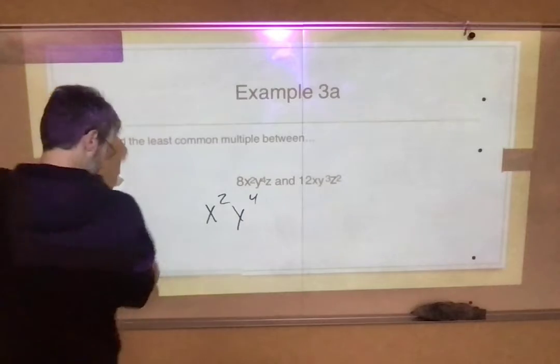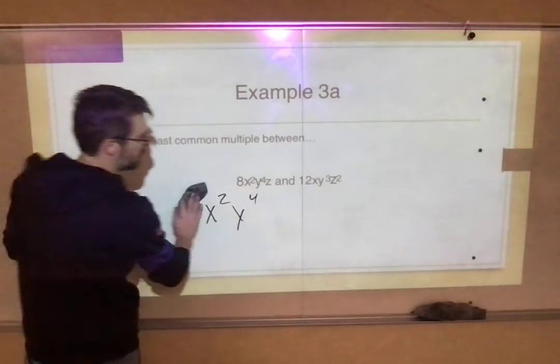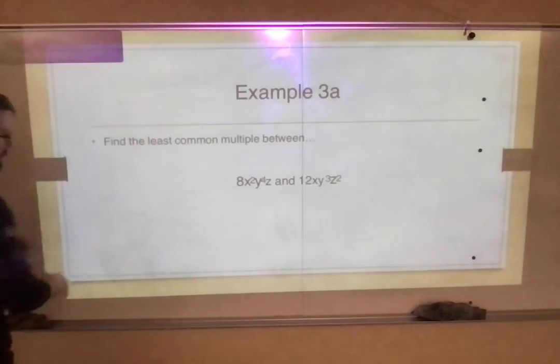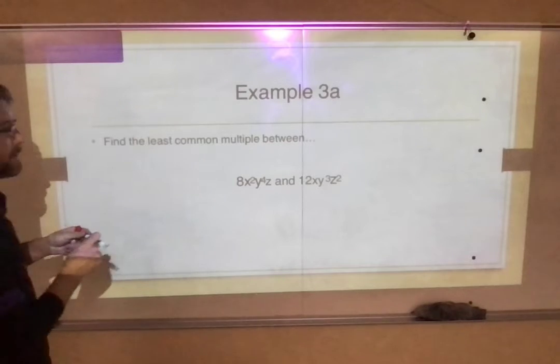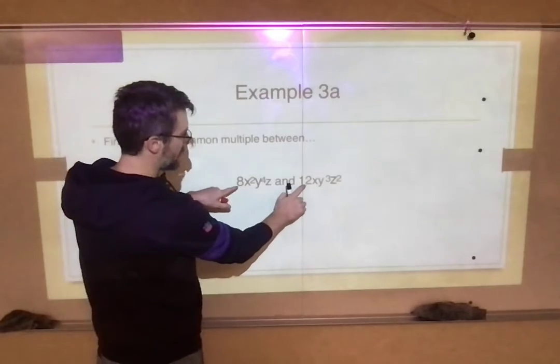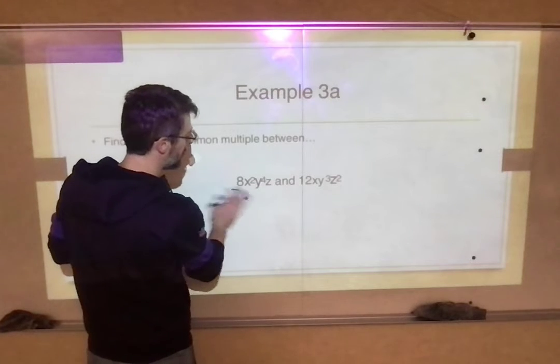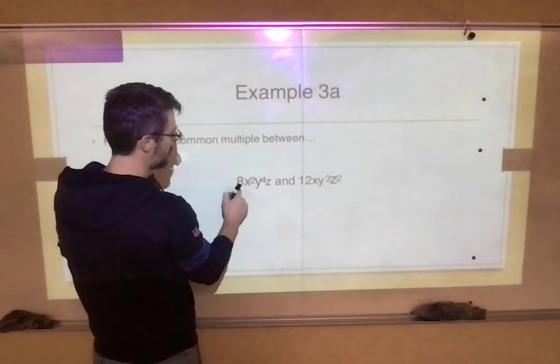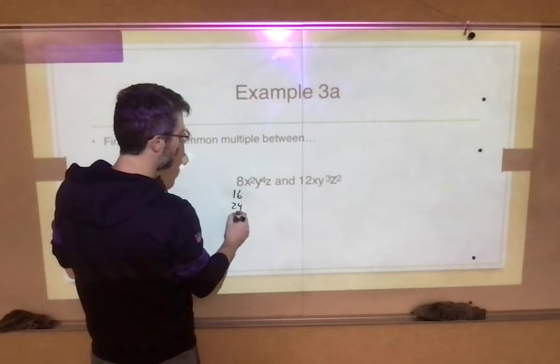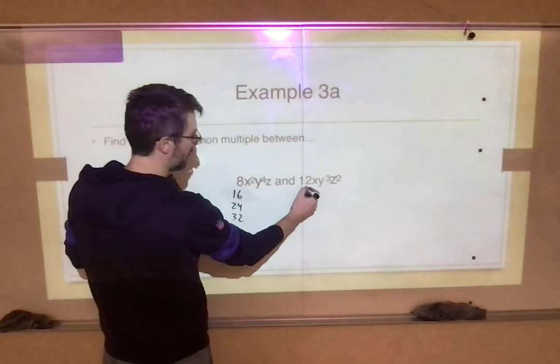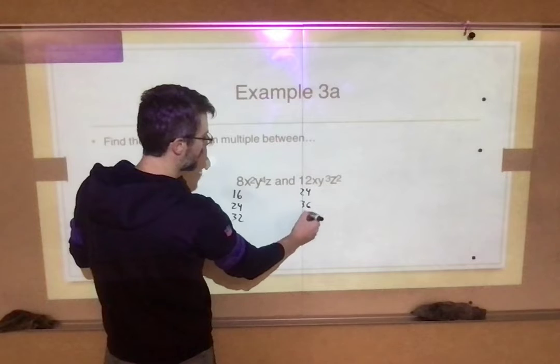All right, so a quick example where we have them kind of mixed up. We're doing both of these. Between the 8 and the 12, I'm going to count by 8s and count by 12s. So 8, 16, 24, 32. The 12, 24, 36, 48.